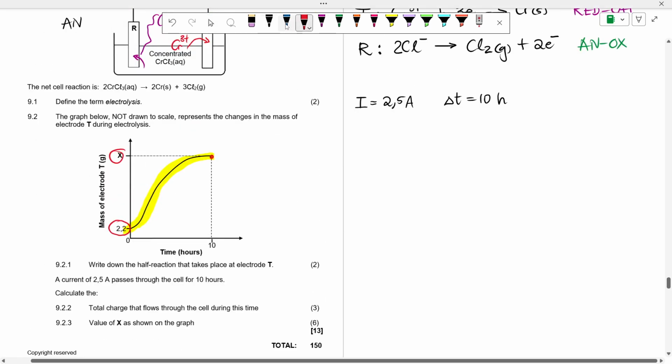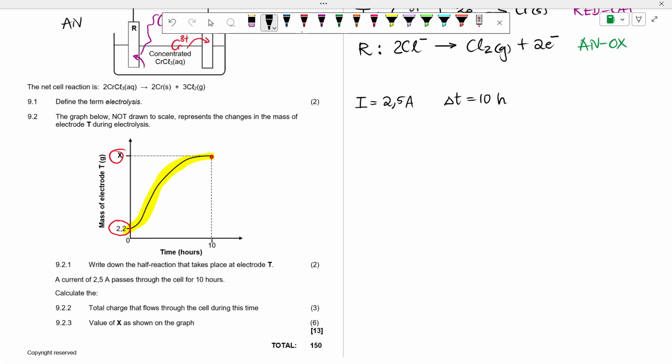The only thing to remember is that time should be given in seconds. So how do we convert that to seconds? A minute is 60 seconds. An hour has 60 minutes. A minute has 60 seconds.